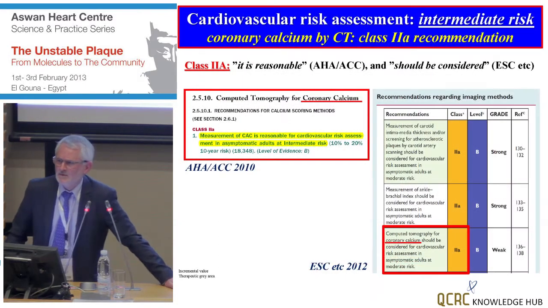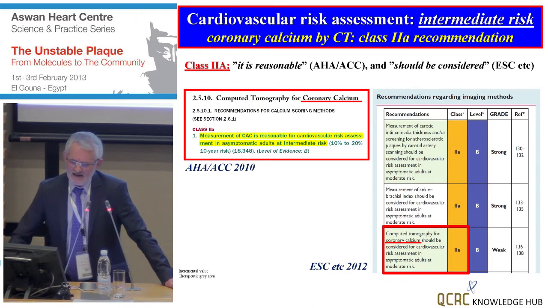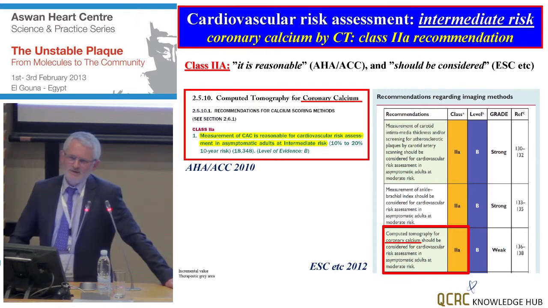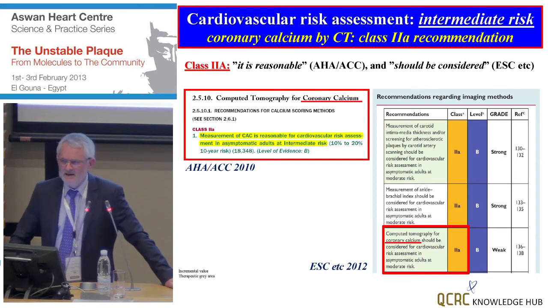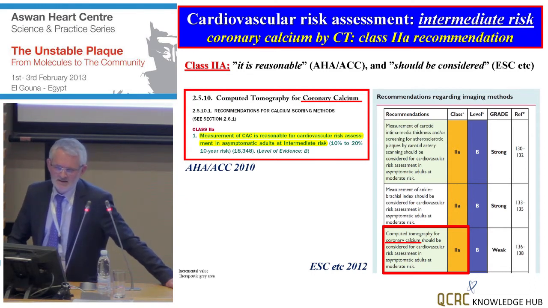And in fact, it is also now found in the guidelines, both in the United States and in Europe. In both, it is a class 2A recommendation, saying it is reasonable to do and it should be considered.